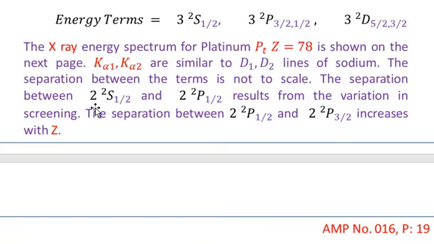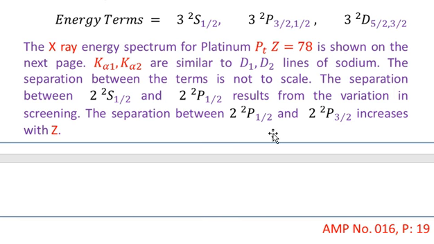The separation between 2s 1/2 and 2p 1/2 results from the variation in screening.